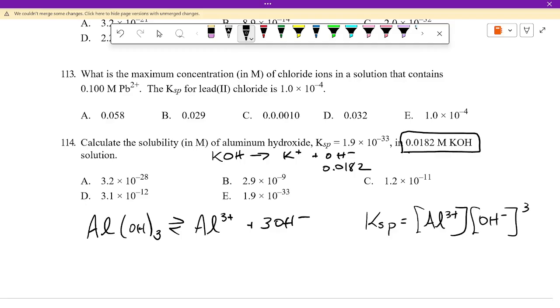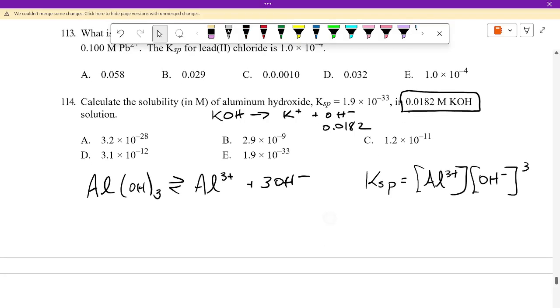Now, in theory, you could do, no, I'm not going to do that yet. I'm just going to do the simplest thing possible. I'm going to say, what is the concentration of aluminum? Because if I find the concentration of aluminum, that's going to be the same as the concentration of aluminum hydroxide.